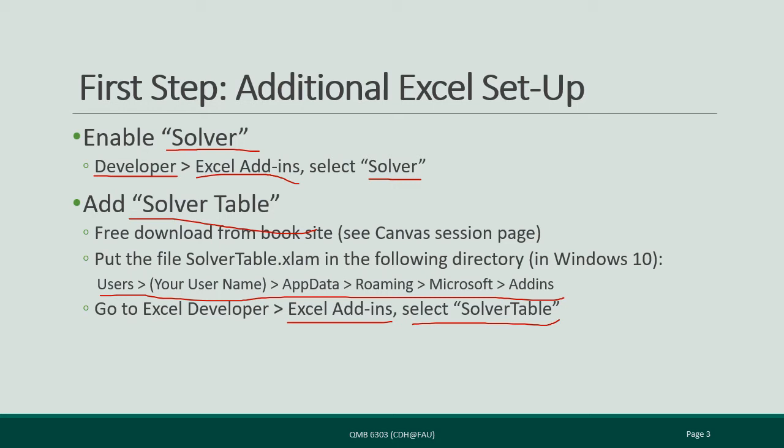But if you don't want to try to find this folder, which is admittedly buried deep in the Windows file structure, then you can just make sure that you know where this program, or this macro, is, and then just follow the instructions in the book, and then you will be able to activate it too.